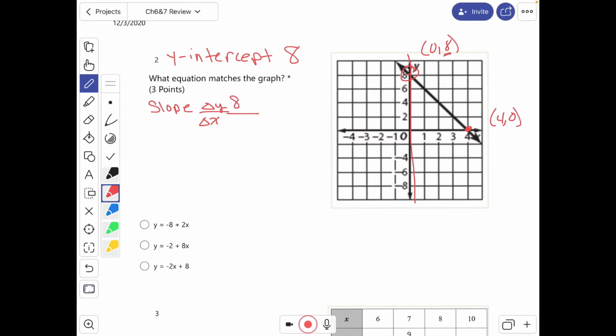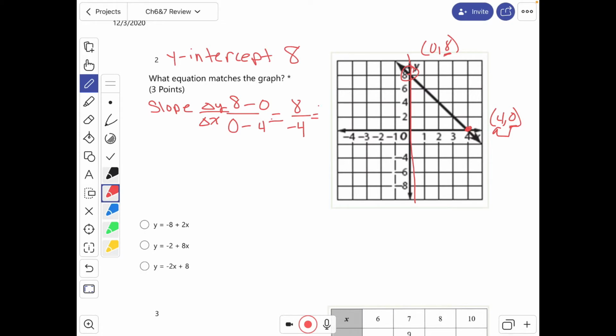So the y for that one is 8 minus the y for this one is 0. The x that went with 8 is 0. The x that went with 0 is 4. And then we work it out. 8 minus 0 is 8. 0 minus 4 is negative 4.